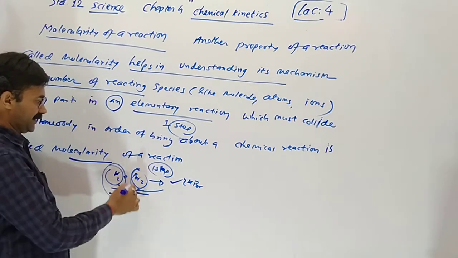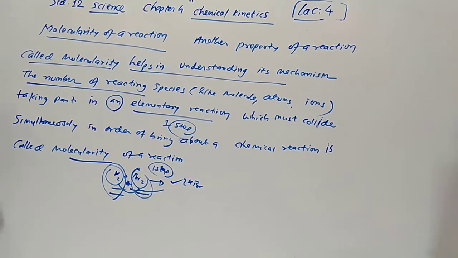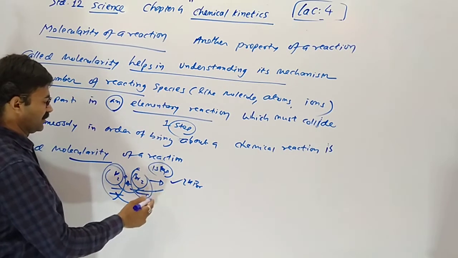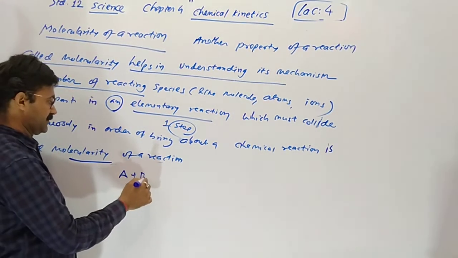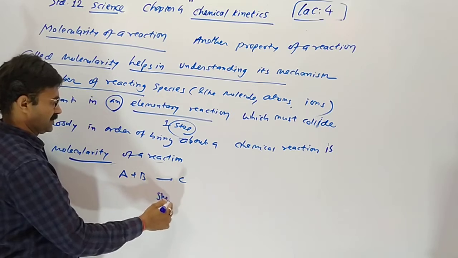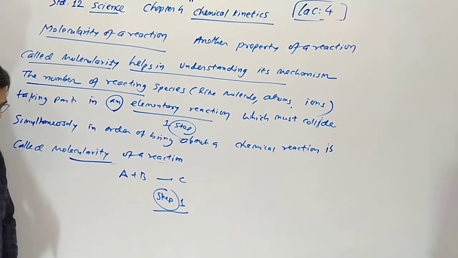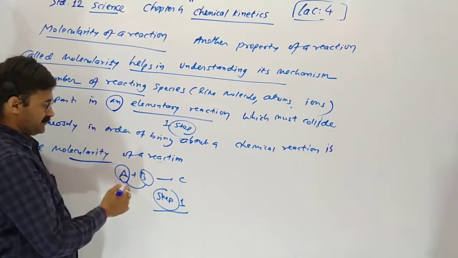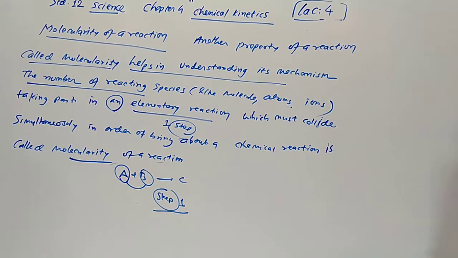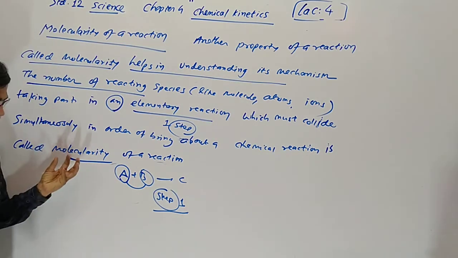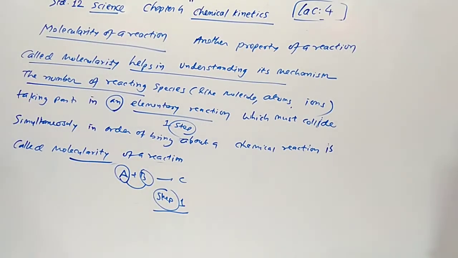Suppose A plus B gives C. This reaction is elementary, the product occurs in one step, so A and B collide with each other, so molecularity should be 2. When a reaction occurs, how many atoms, ions collide at a time and give the product, but the reaction should be elementary.